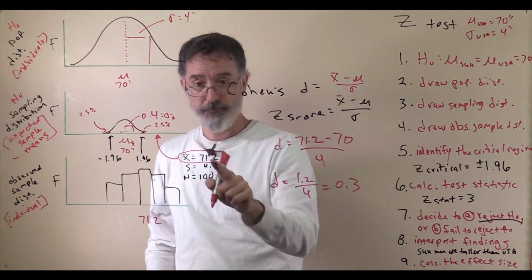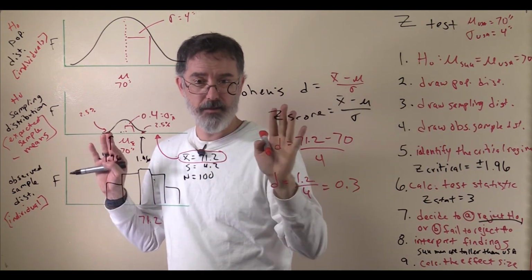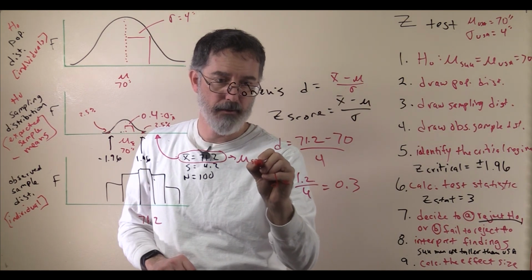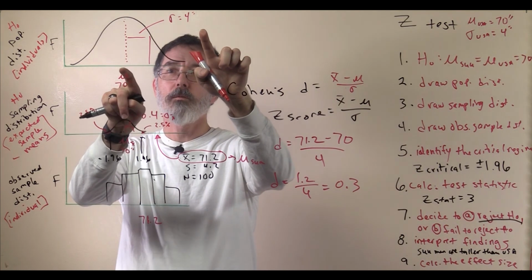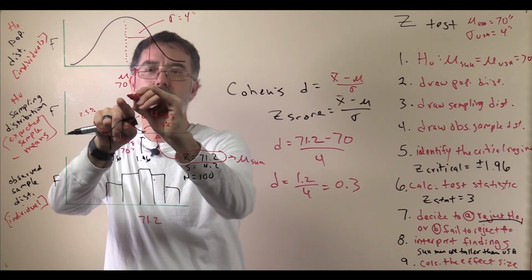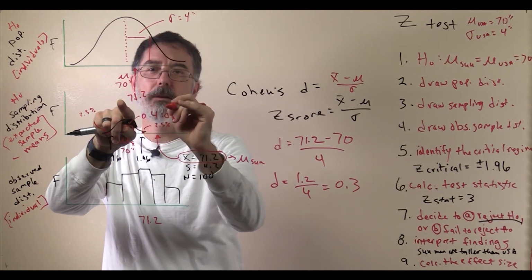That tells us that, given our best guess of what SUU men's height is, as our parameter estimate for SUU men's heights, we go over 1/3 of a standard deviation. This is where 71.2 is.